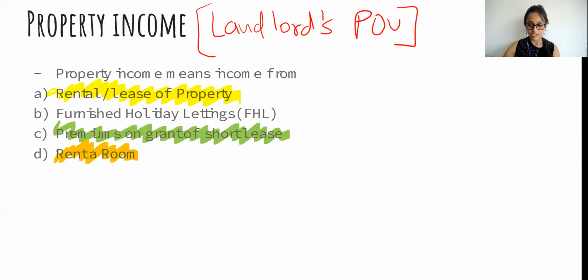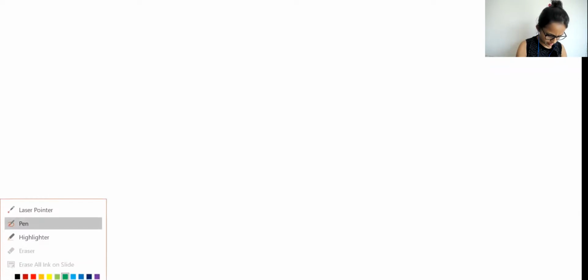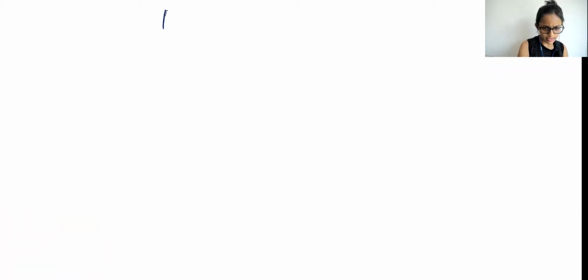Now, let's talk about FHL, furnished holiday letting. An accommodation is considered as FHL when all of the following conditions are satisfied. It must be available for rent for at least 210 days each tax year, and out of these 210 days, we must actually let it for at least 105 days.